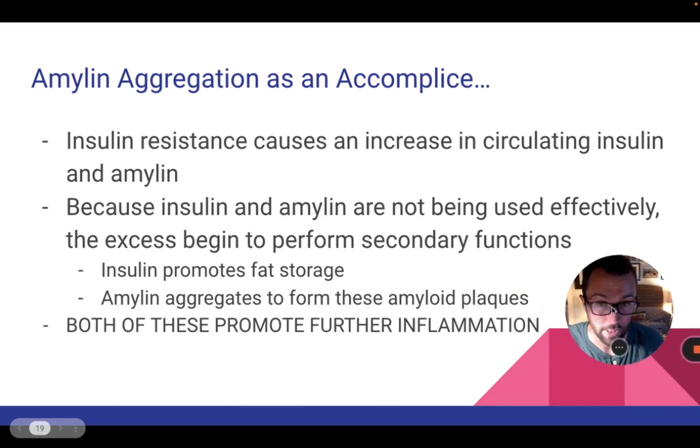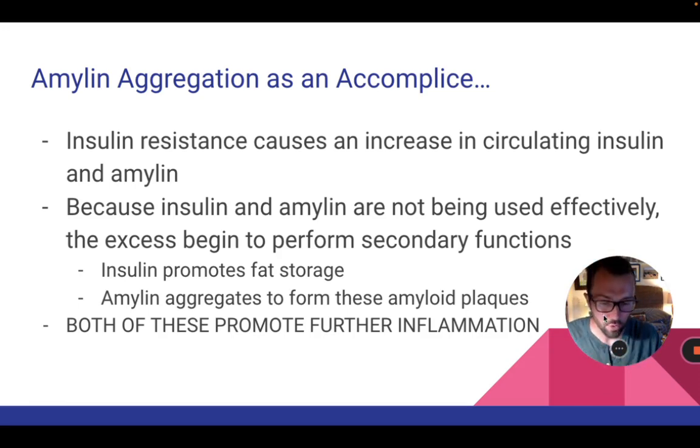Now, important note, because you can get lost on this slide, when really we talked about before, all of this is happening in a state of chronic inflammation being caused by nutrient deficiencies of the food that we're taking in.